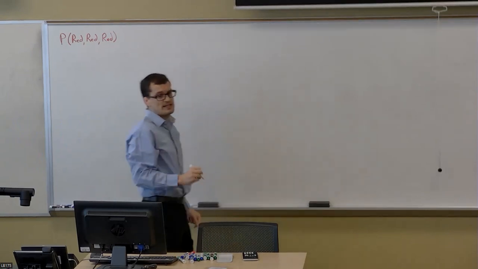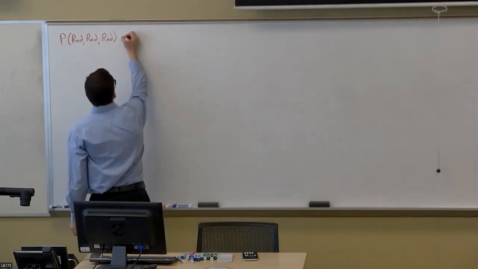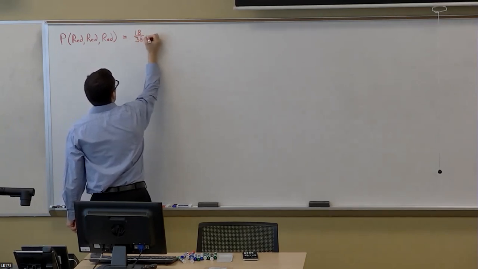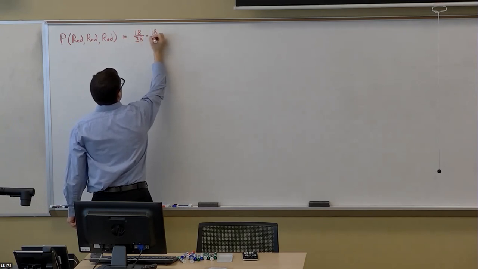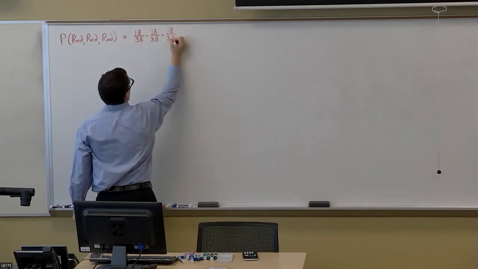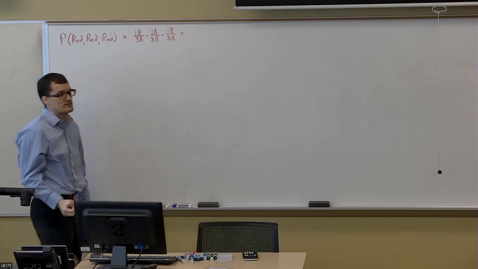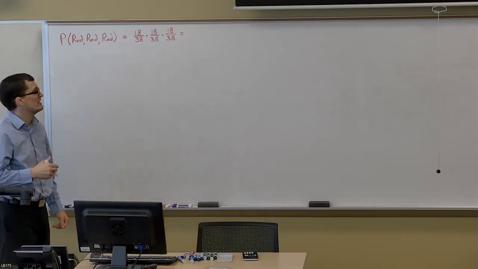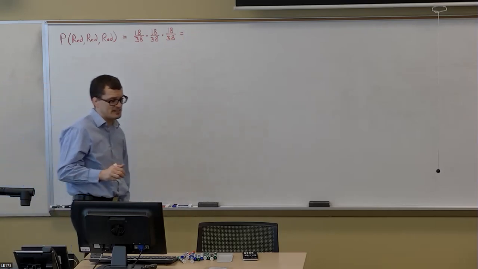So the probability of getting red 3 times in a row, since red is 18 out of the 38 total numbers, 18 out of 38, 18 out of 38. I believe this is the last one you have in your notes. So 18 times 18 times 18.